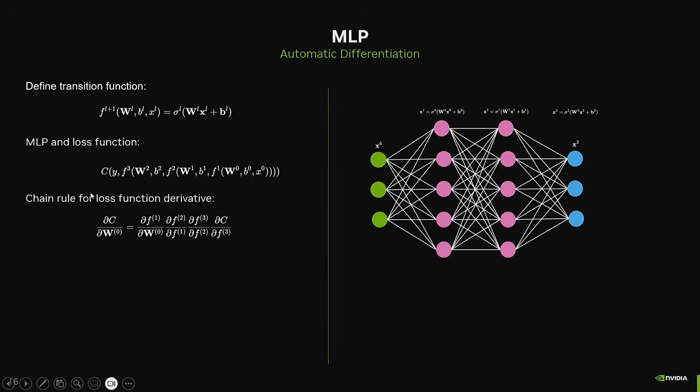Using the chain rule for differentiation, we can express partial derivatives of the loss function for any layer through the chain of partial derivatives from the right: the partial derivative of the loss function by the output of the last layer, multiplied by the derivative of the last layer by values from the previous layer, and so on, until we reach the first layer of the neural network. So how do we do that in the code?